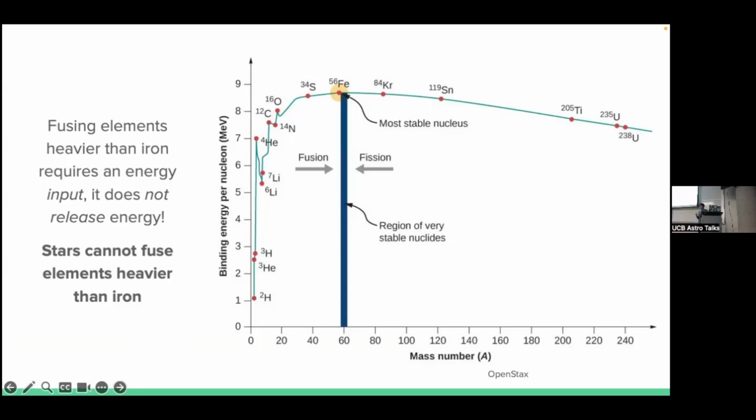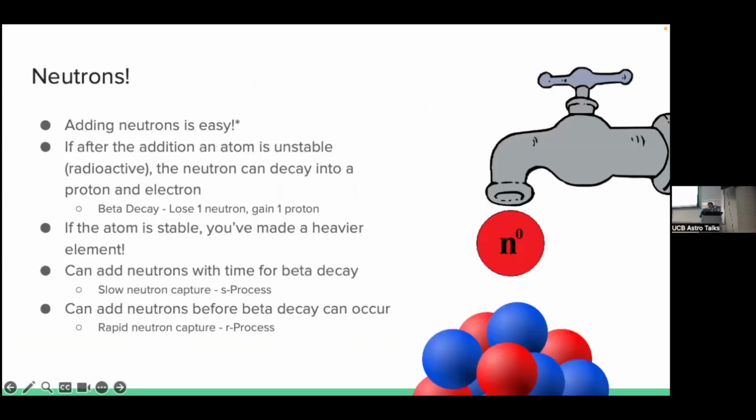Well, we've been considering the positively charged nuclei of atoms and smashing those together. So what if we think about neutrons instead? Adding neutrons is easy, asterisk. You still need some pretty intense processes going on, but comparatively it's a whole lot easier.